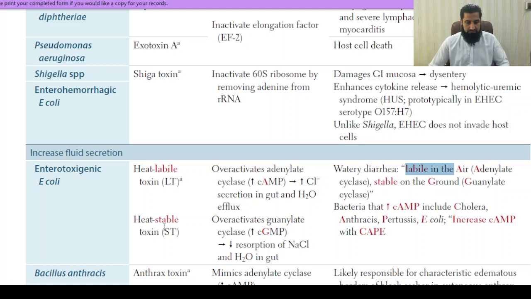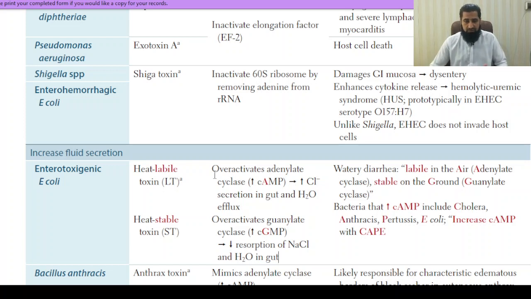Here you can see what the stable toxin is doing: it activates guanylate cyclase, increases cyclic GMP, decreases reabsorption of sodium chloride, and increases water in the gut. It will cause watery diarrhea.